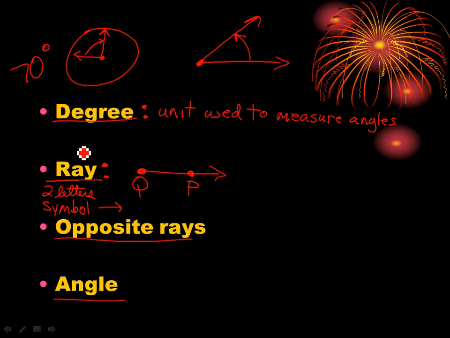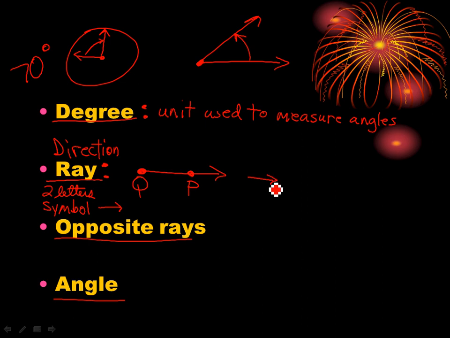Now, a ray is a little bit different than lines and segments, because with a line, we could pick any two points, and we use those two letters to name it. Didn't matter. Segment, same thing, and we could switch the order around. Ray, you can't do that, because this ray has a certain direction that it's going in. Well, you have to show that direction by how you name it.